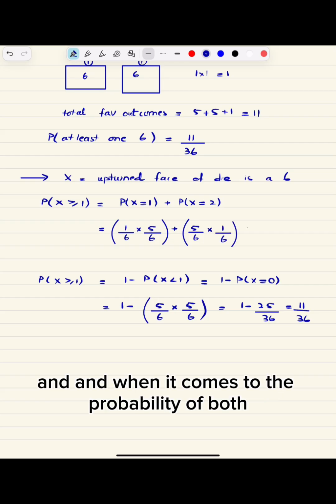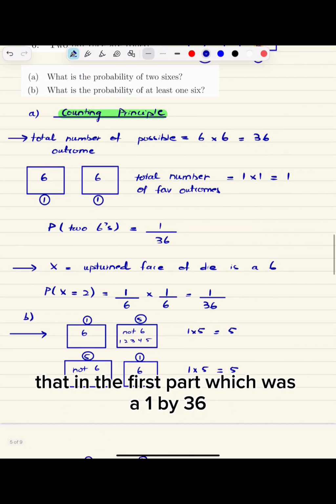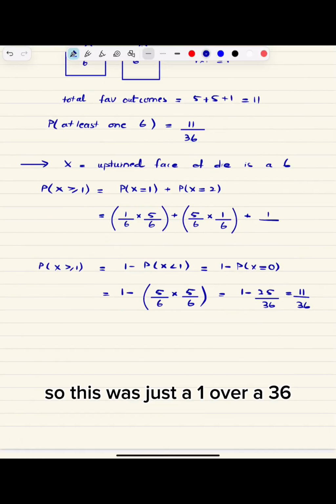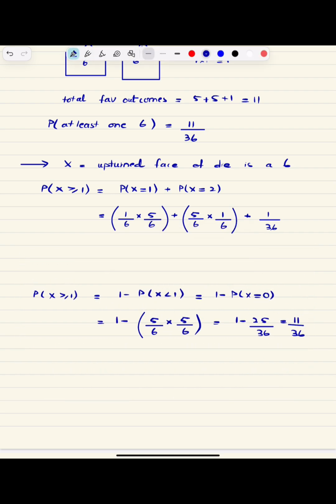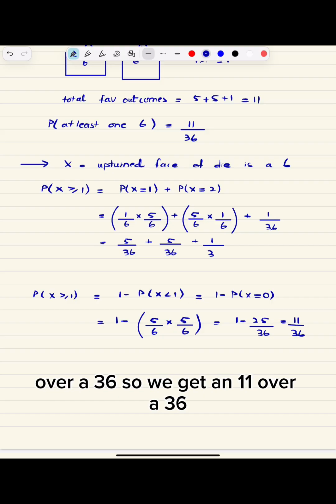And the probability of both being 6s, we've already calculated in the first part, which was 1 by 36. So overall, our answer will be 5 over 36 plus 5 over 36 plus 1 over 36. So we get 11 over 36.